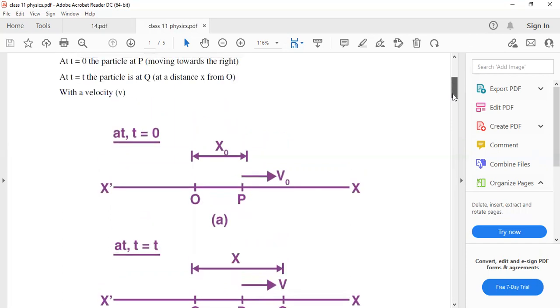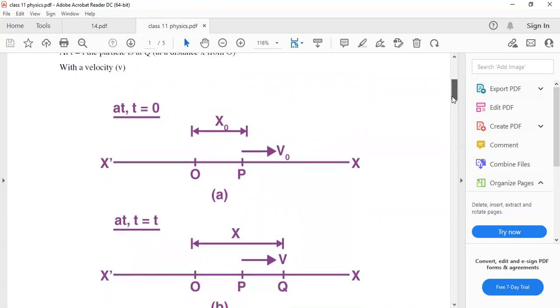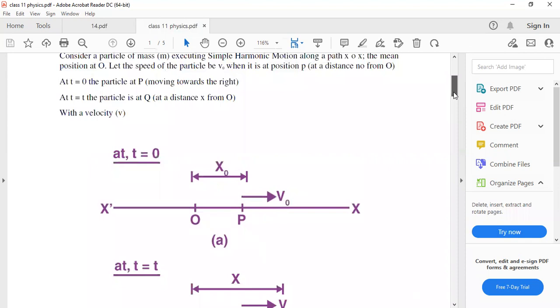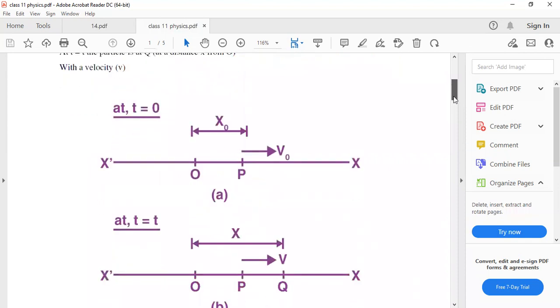So these are the two positions of the particle we have defined: at t equal to 0, at point P, and at t equal to t, at point Q. And its velocity, as I have already told you, is V.